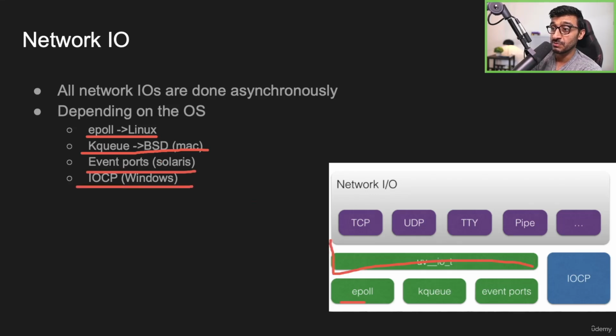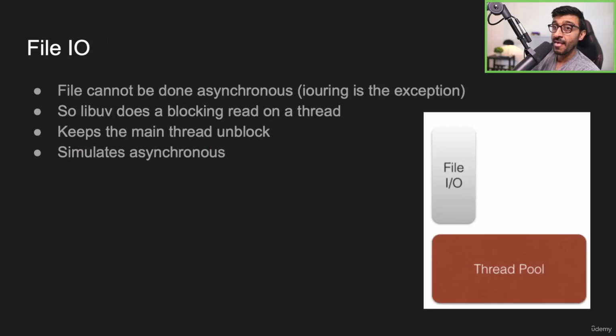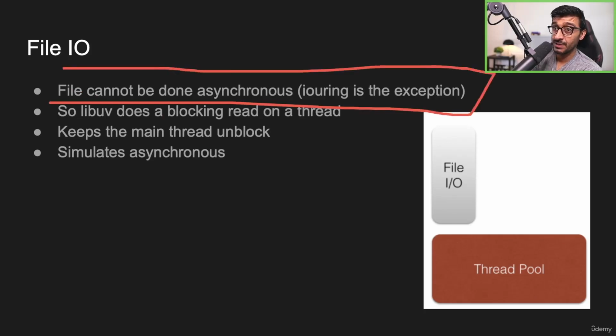And all of this is abstracted away by this beautiful interface. So yes, you can do all network I/O with libuv. That's why Node.js is so popular. File I/O, right? Files cannot be done asynchronously at all. Well, the exception is io_uring, which can dedicate work to a kernel thread that does the actual reading.